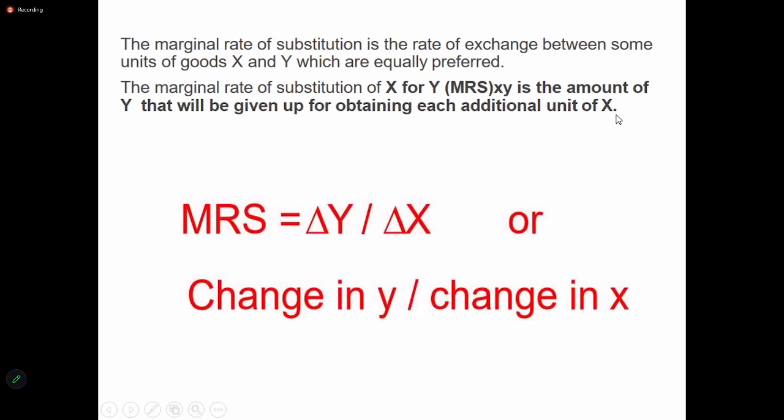To get the extra unit of x, how much y needs to be sacrificed or given up. Use your own words, but take the idea.